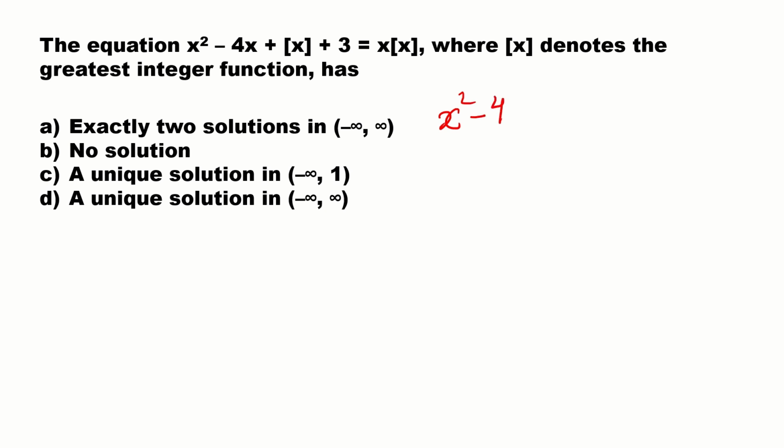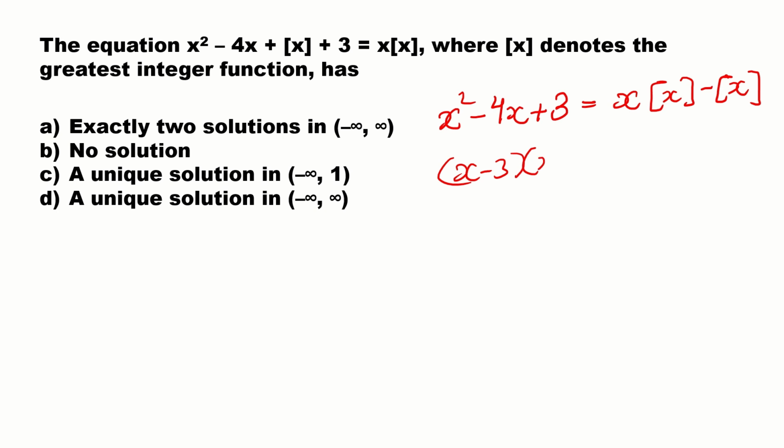Let's take all of the greatest integer function part to another side. So we get x into mod x minus mod x, and then we can simplify this as x minus 3 into x minus 1 equals greatest integer of x common into x minus 1.